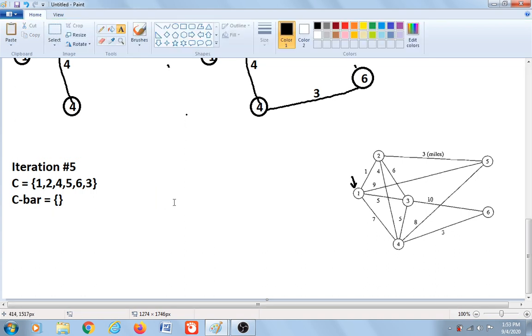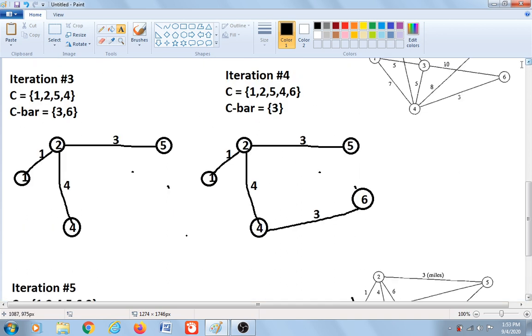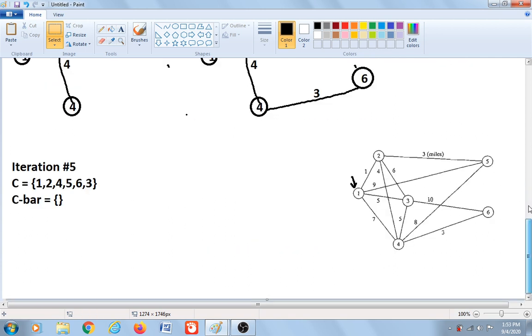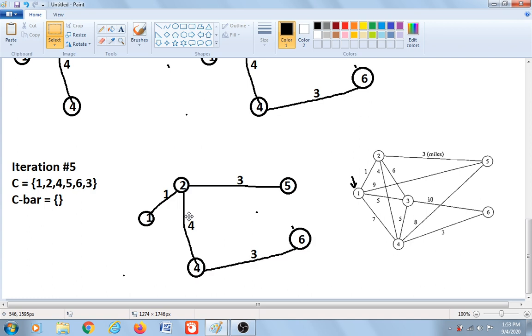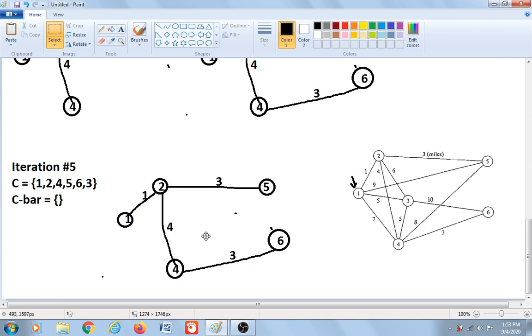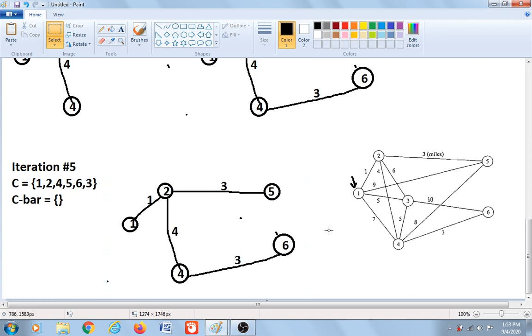Okay, and what is my updated network? So I'm gonna copy the tree, not connected network, but the tree that I have. So this is the previous tree that I have. Now I decide to connect 1 and 3. Okay, so I'm just gonna put it over here, I think.